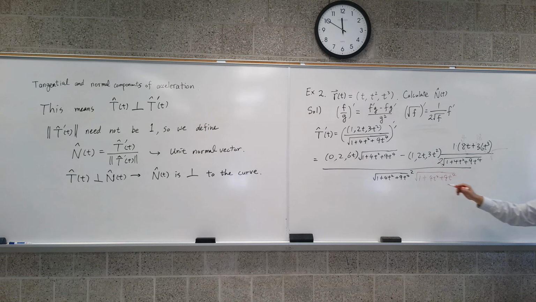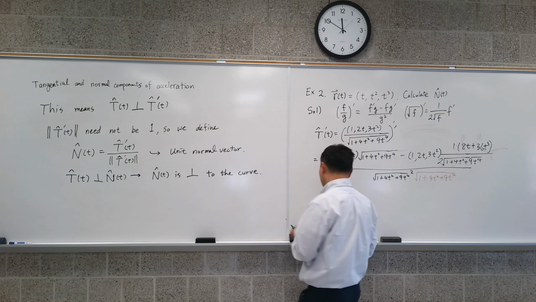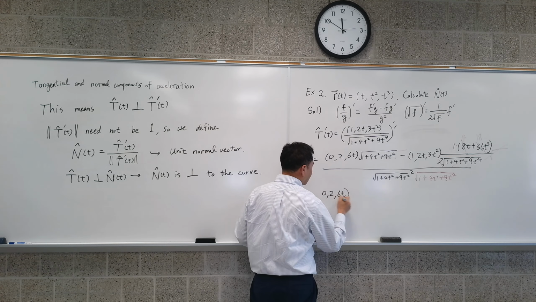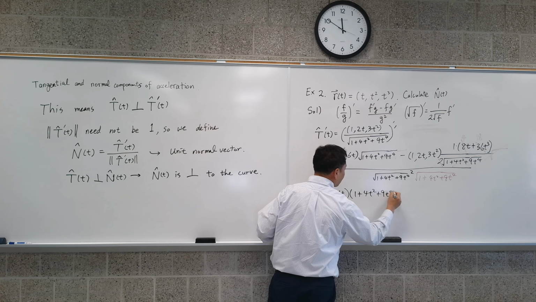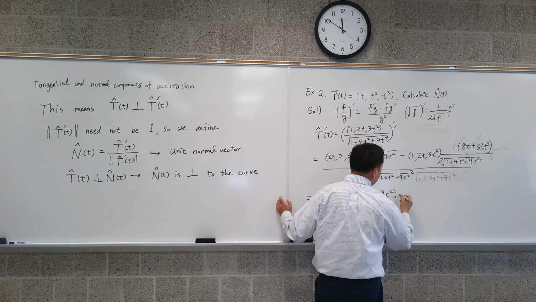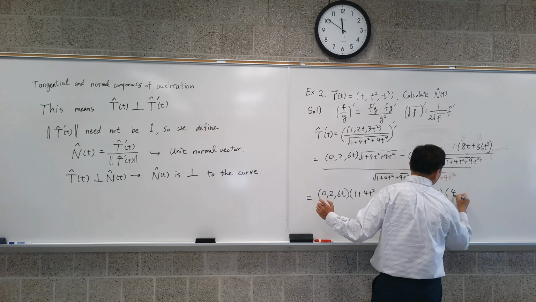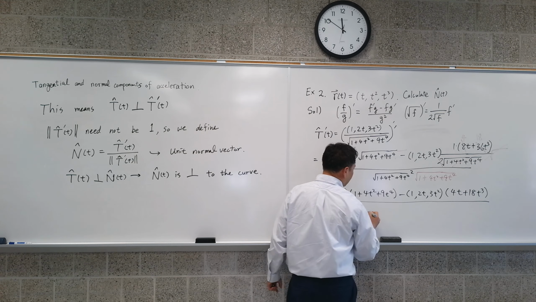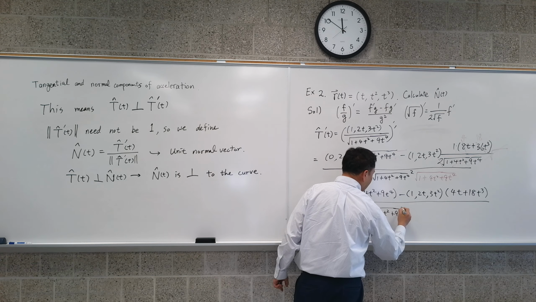And the reason for that is, if I do that, then this will cancel away, and this one will, the square, so that the square root won't be there anymore. So that means I'm going to get 0 to 6t times 1 plus 4t squared plus 9t to the fourth power minus 1, 2t, 3t squared, 4t plus 18t cubed. And in the bottom, it will be 1 plus 4t squared plus 9t to the fourth power to the third power.